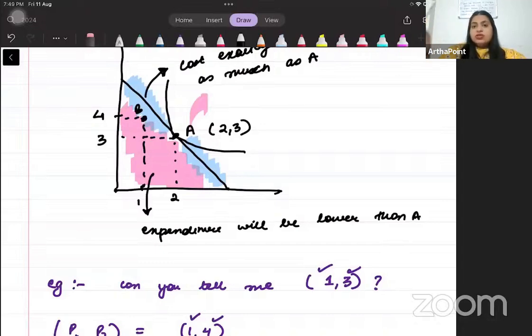First thing that we saw is that if I tell you that A is the most preferred bundle, then any bundle which costs up to A will be less preferred to A.